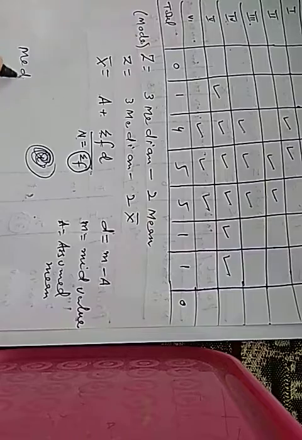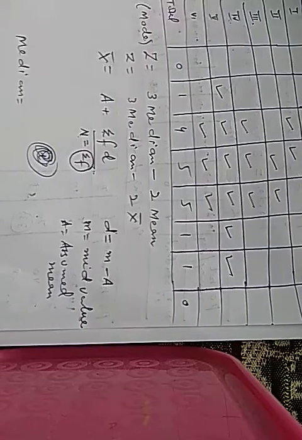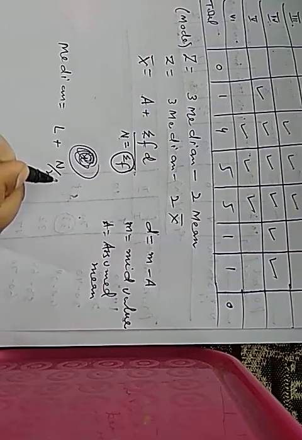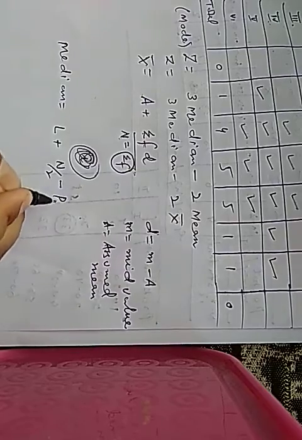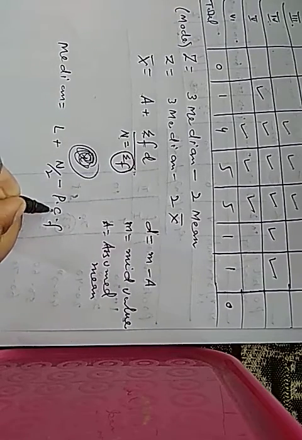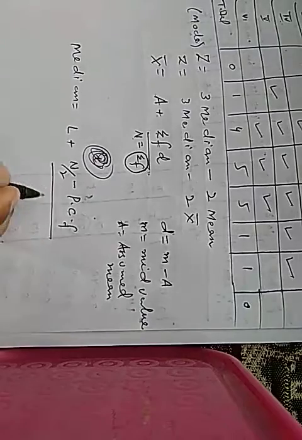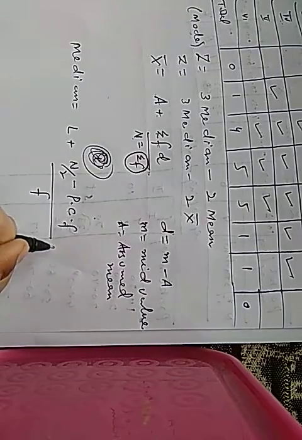And the formula for median in case of a continuous series, a frequency distribution, is equal to L, the lower limit, plus n divided by 2 minus PCF, or we can write only CF, but remember that this is the preceding cumulative frequency, divided by f, the frequency of the median class, multiplied by i, the size of class interval, where n is equal to sigma f, the addition of frequencies.